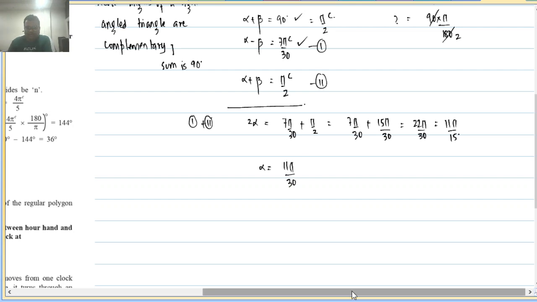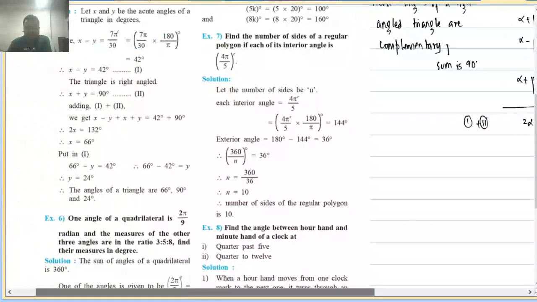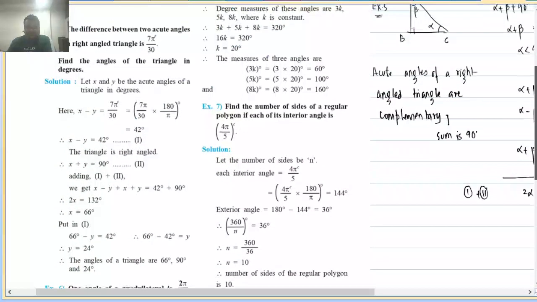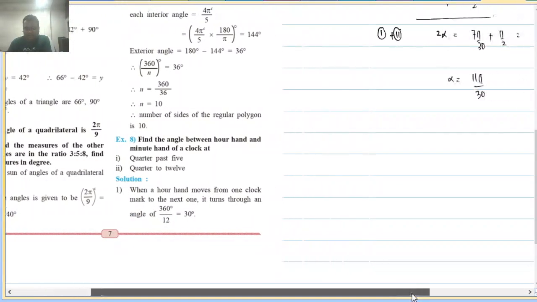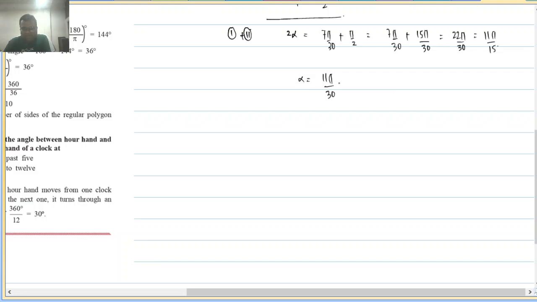Okay. Let's look at the question. The question is, find the angles of a triangle in degrees. He wants the angle in degrees. So we have alpha is 11 pi by 30 radians, but we know that pi radians is 180 degrees. So 11 pi by 30 radians is how many degrees? Question mark is 11 pi by 30 into 180 upon pi.